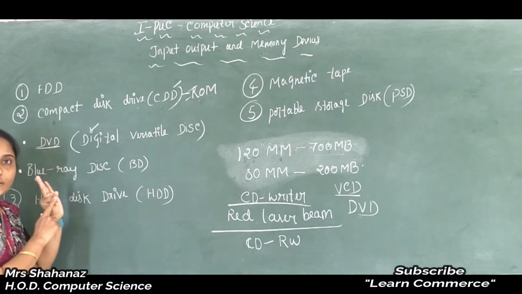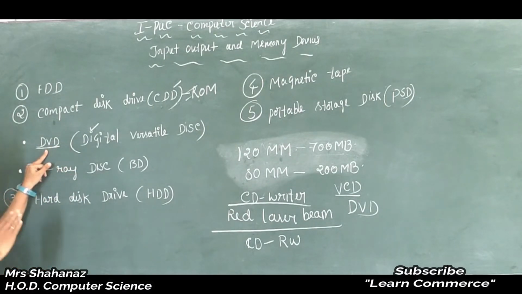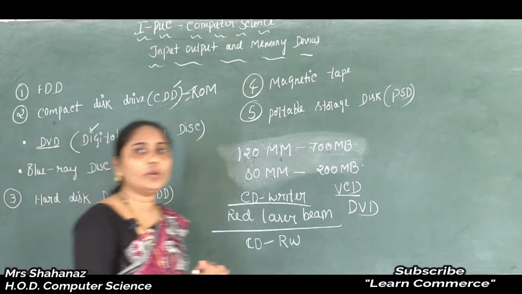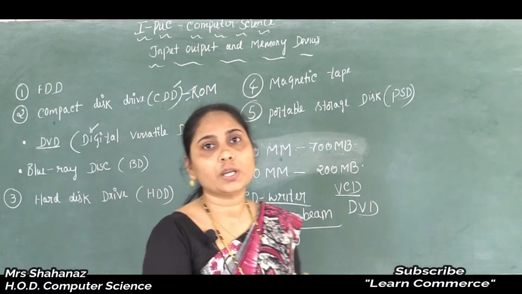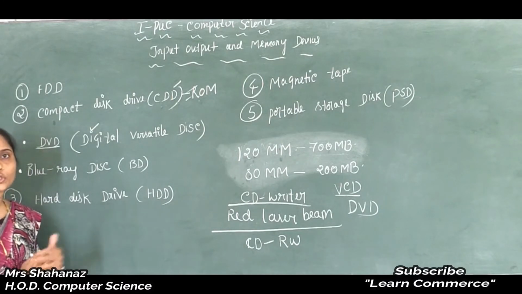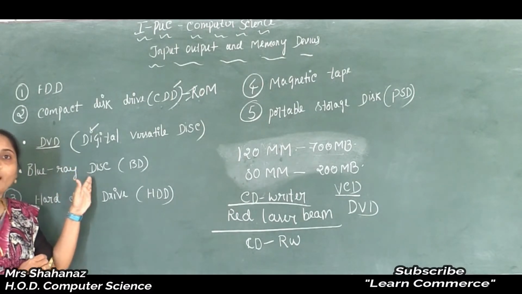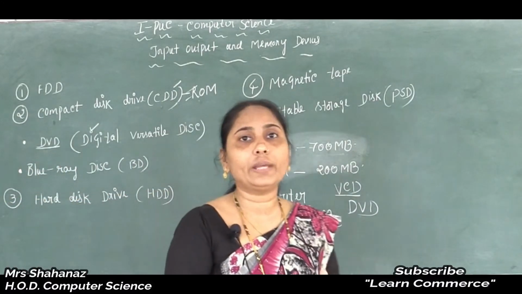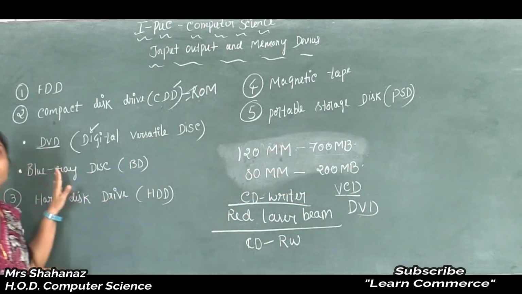A DVD is used to store video and data. We can store any kind of video in our DVD, and also any kind of data. So it is used for video and data storage.